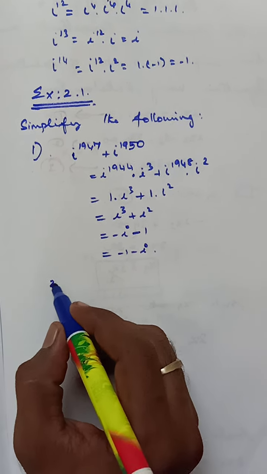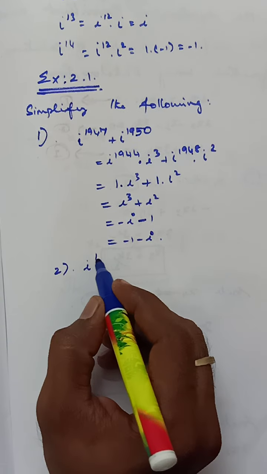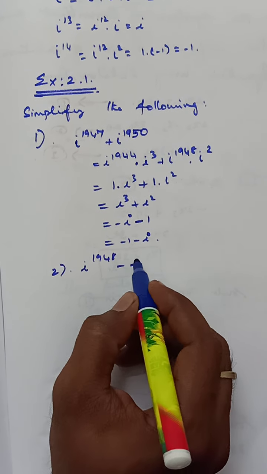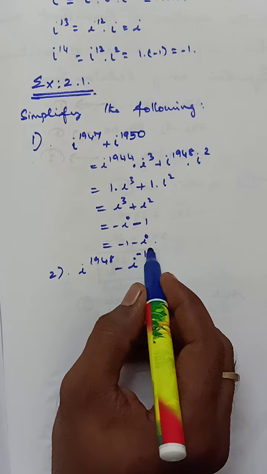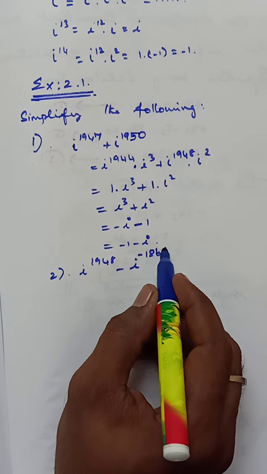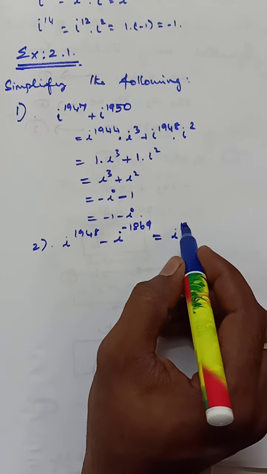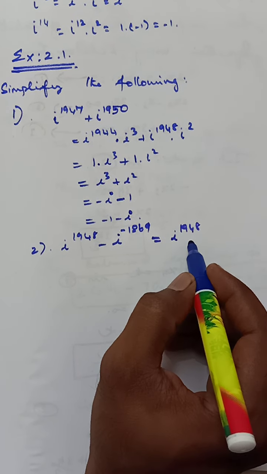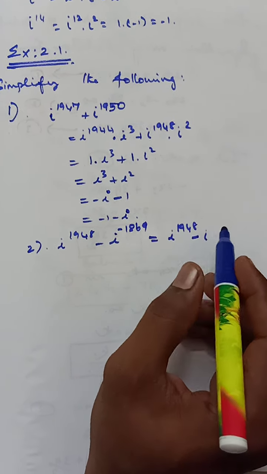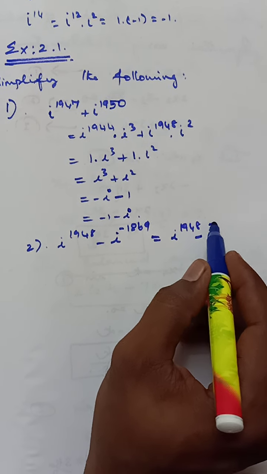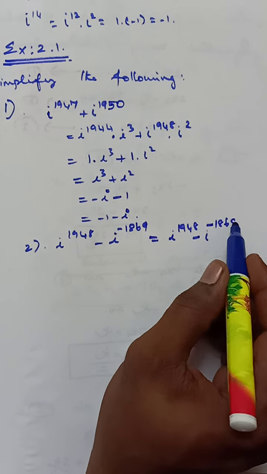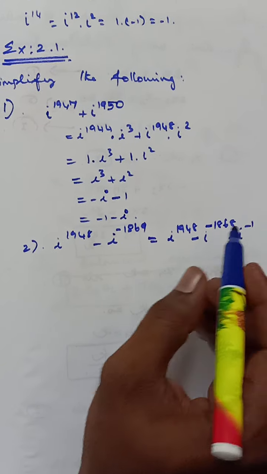The second one will be i¹⁹⁴⁸ − i⁻¹⁸⁶⁹. How can we rewrite this? i¹⁹⁴⁸ is a multiple of 4, and −i⁻¹⁸⁶⁹ can be written as −i⁻¹⁸⁶⁸ into i⁻¹.